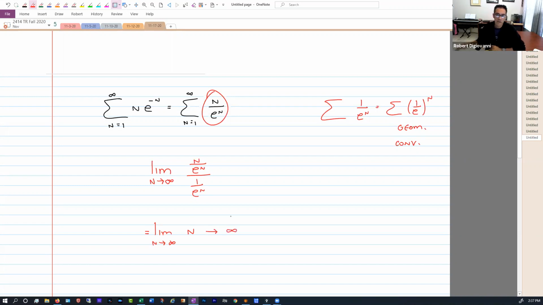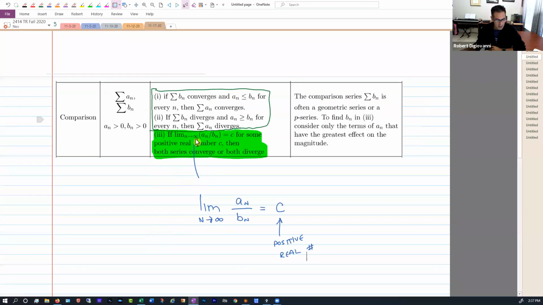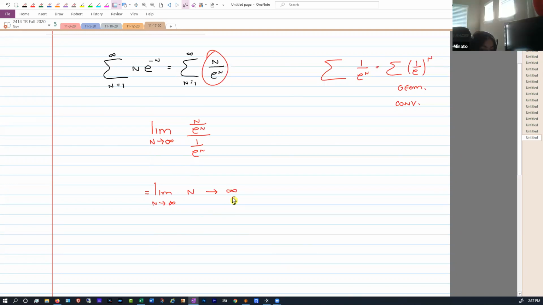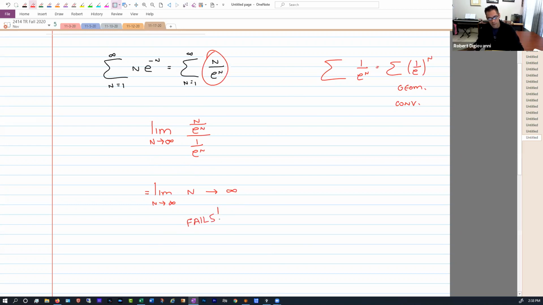So what does this say? If you do this limit comparison, you must get a positive real number in order to say that they both converge or both diverge. Is infinity a positive real number? No. So it has to go to a fixed number. So what does this tell me? It fails. I was trying to give you an example where this wouldn't work. Fails.